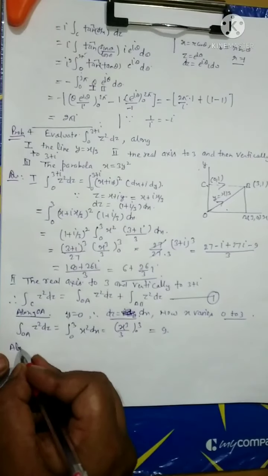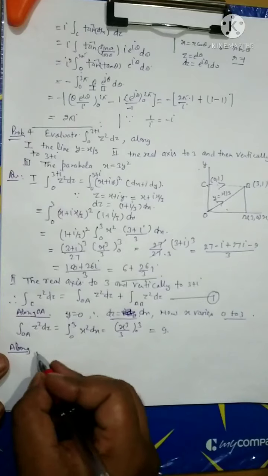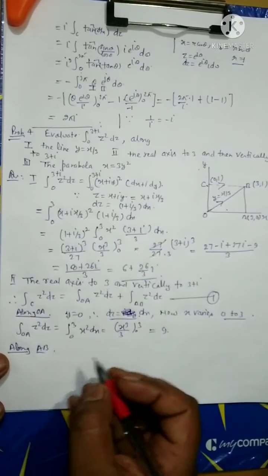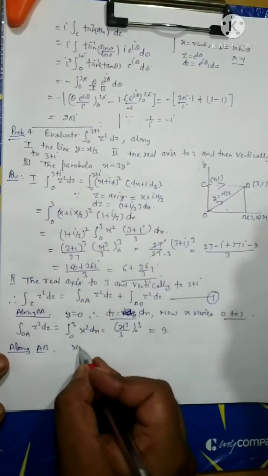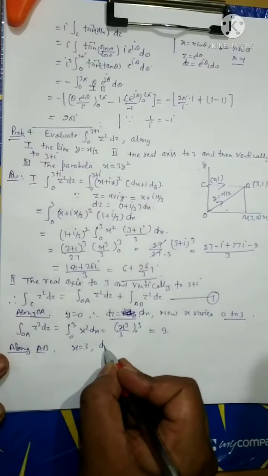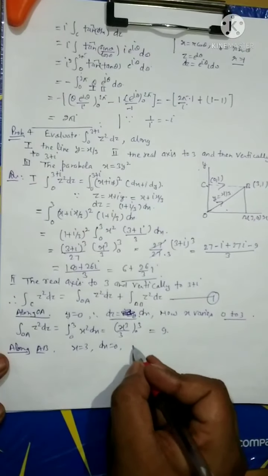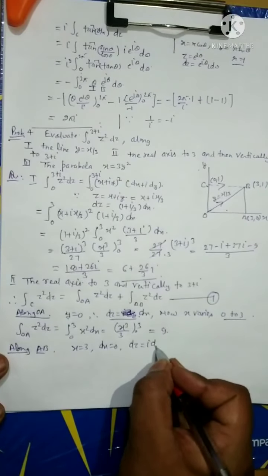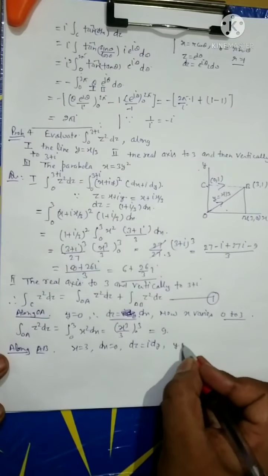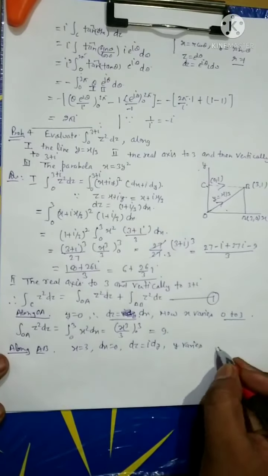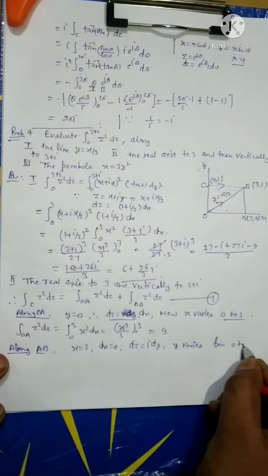Now along the AB line. Now the equation of AB, x is equal to 3. Therefore dx is equal to 0. Now dz converts into i dy. Now y varies from 0 to 1.